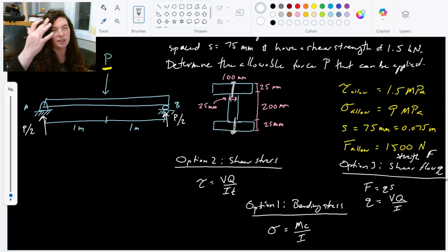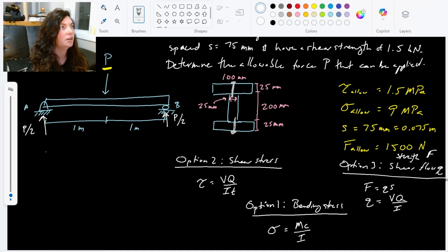Kind of throwing it back to very basic statics, which you could also determine if you actually do the statics and you take a moment about A, you would have P times 1 and B times 2, and so you'd get B as P over 2. But you can also just do it by symmetry, and say, okay, I know that these reactions are P over 2.